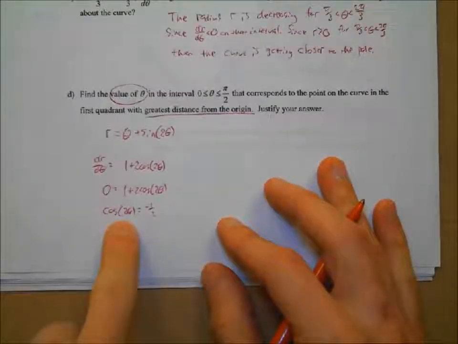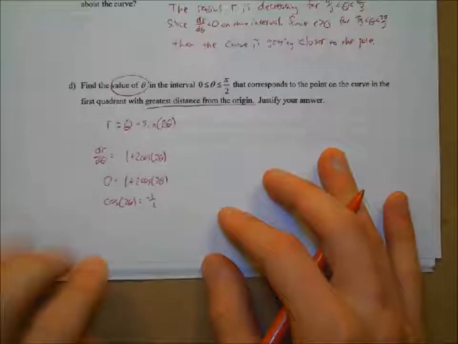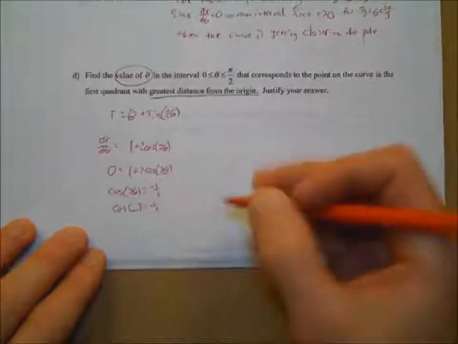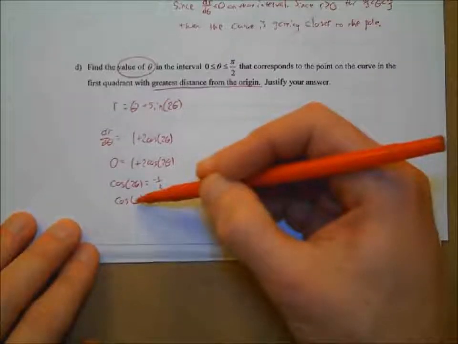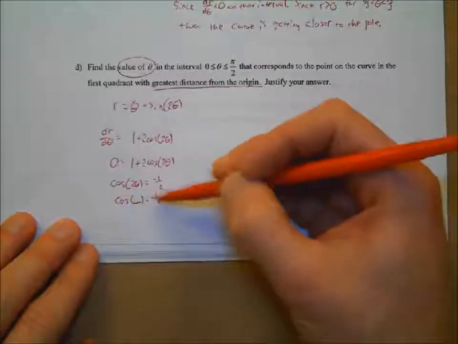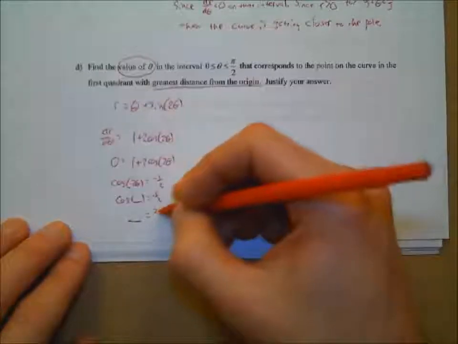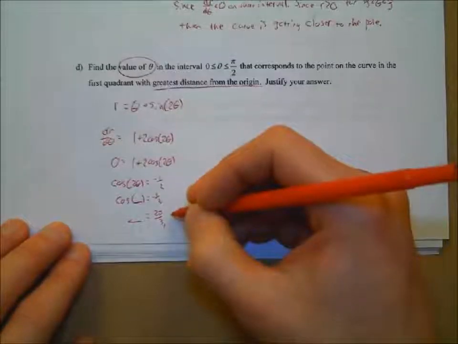Okay, now I know this can cause some people some trouble here when you have that 2 theta inside. But imagine this is just saying cosine of something equals negative 1/2, right? What's the something that would go in here that would give us a negative 1/2 when you take the cosine of it? 2 pi over 3, and also 4 pi over 3.